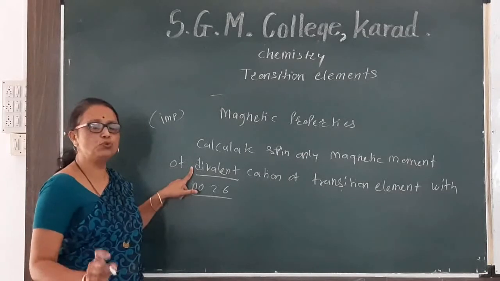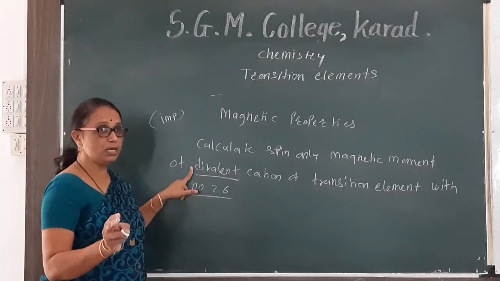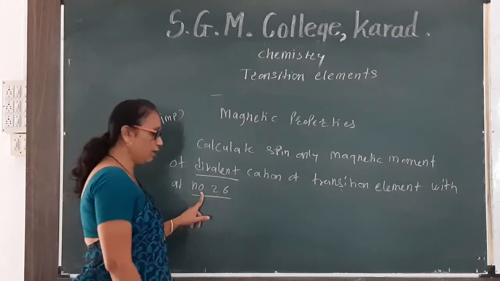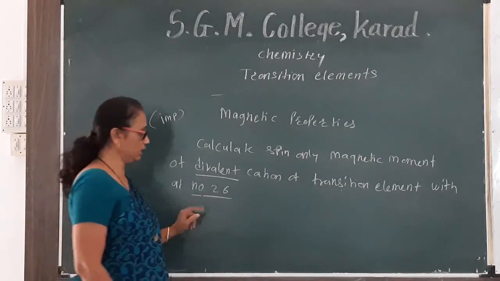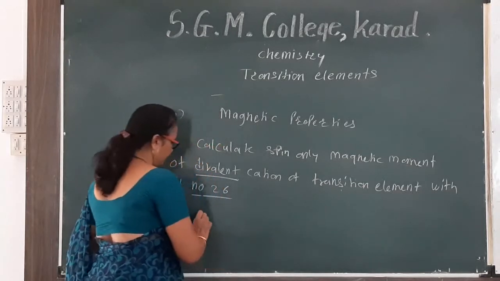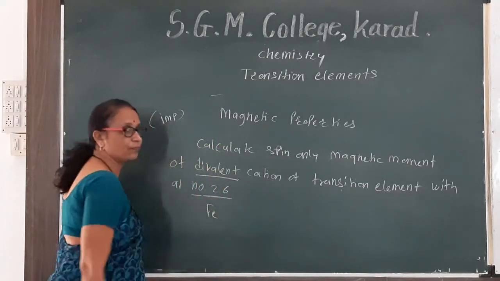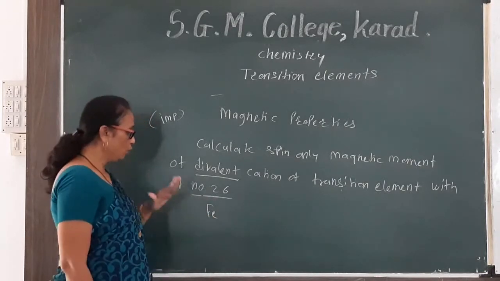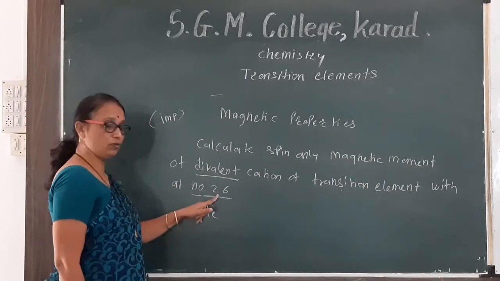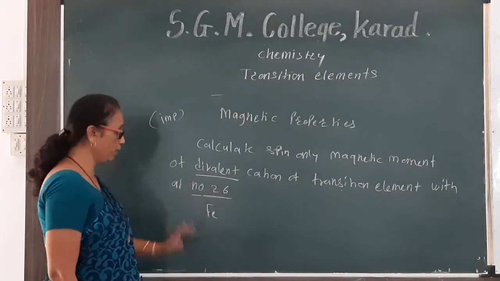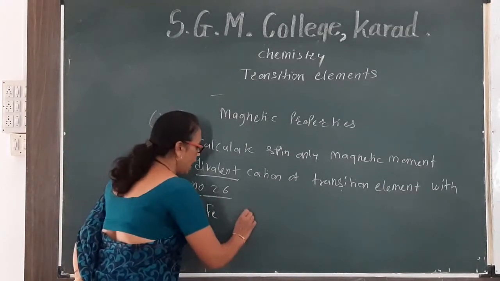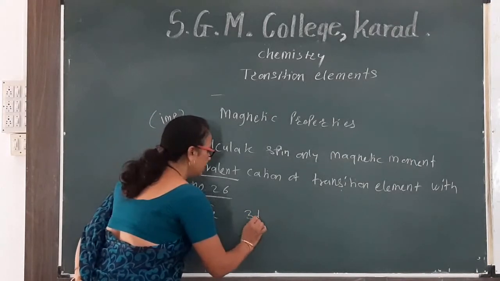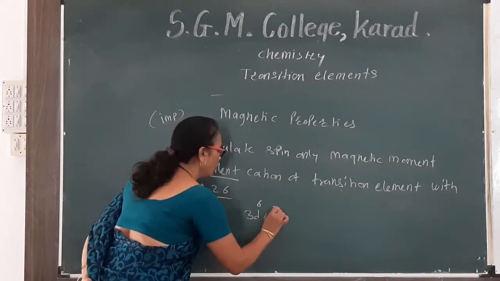Divalent means which has two valency or which has plus 2 oxidation state. Atomic number 26. The element with atomic number 26 is iron, Fe. Or if we don't know the element, we can understand the electronic configuration of the 26. As atomic number 26, its outer electronic configuration is 3d6 4s2.